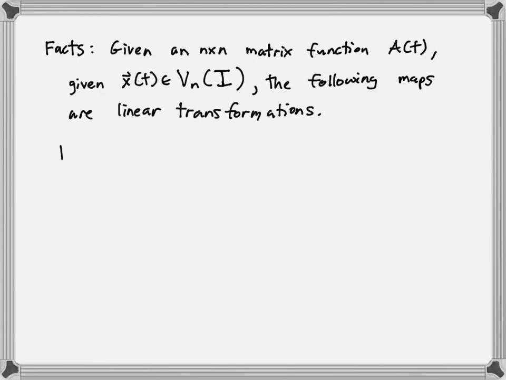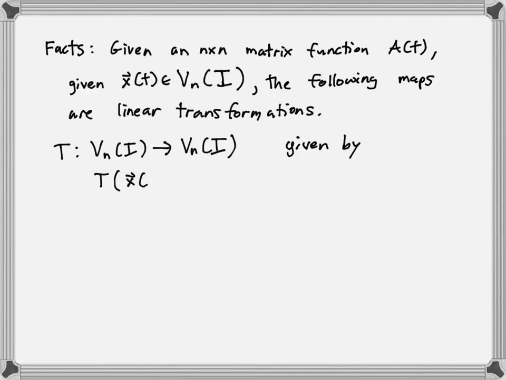So what are they? First we have something called the T-map, and the T-map takes Vn of I to Vn of I, and it's given by T takes x of t to A of t times x of t.